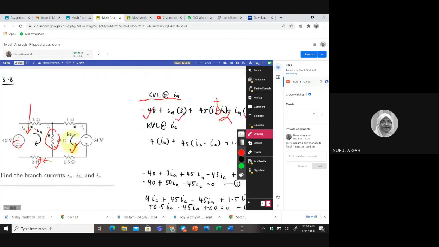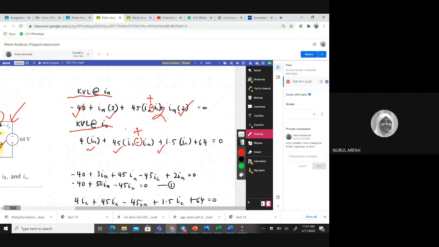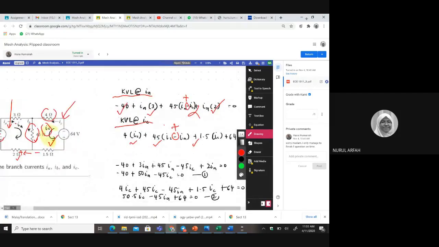Okay, second, you have a KVL at this loop. So KVL at IC, you maybe Hannah start from 4. This 4. 4 IC, yes, correct. And then 45 IC. Since this is not the same direction, you need to have a plus here. IC plus IA, and then you have a plus sign here because this is a passive element.